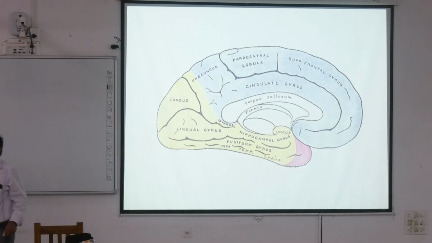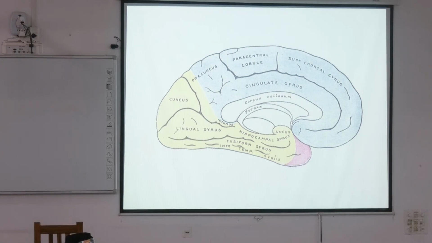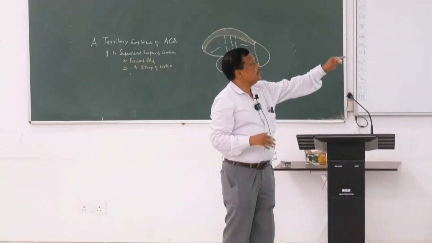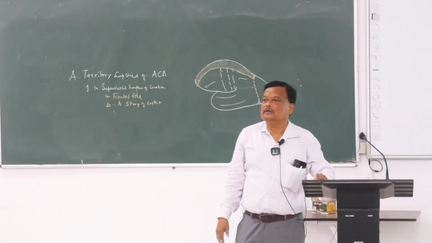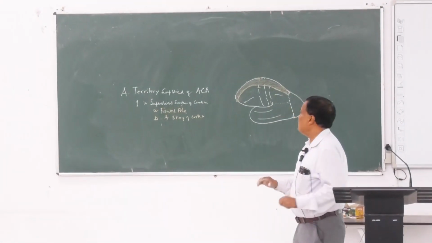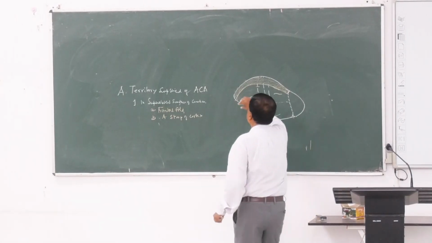So the whole of the medial surface of the frontal lobe and parietal lobe is supplied by the anterior cerebral artery. But on the superior surface, only a strip.